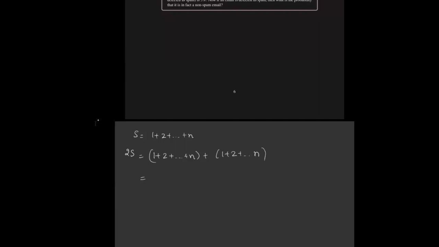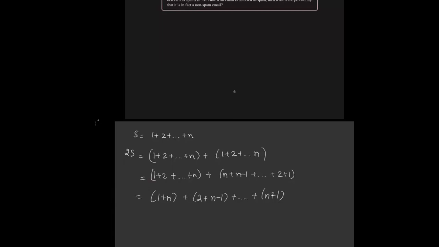And then we can group. I write in the whiteboard reverse direction, and I group the term 1 with n, 2 with n minus 1, and lastly, n with 1.